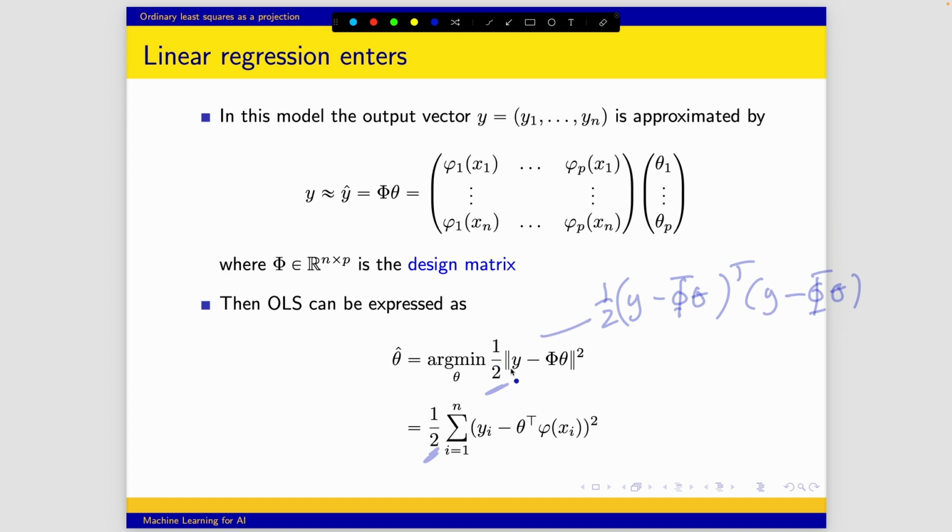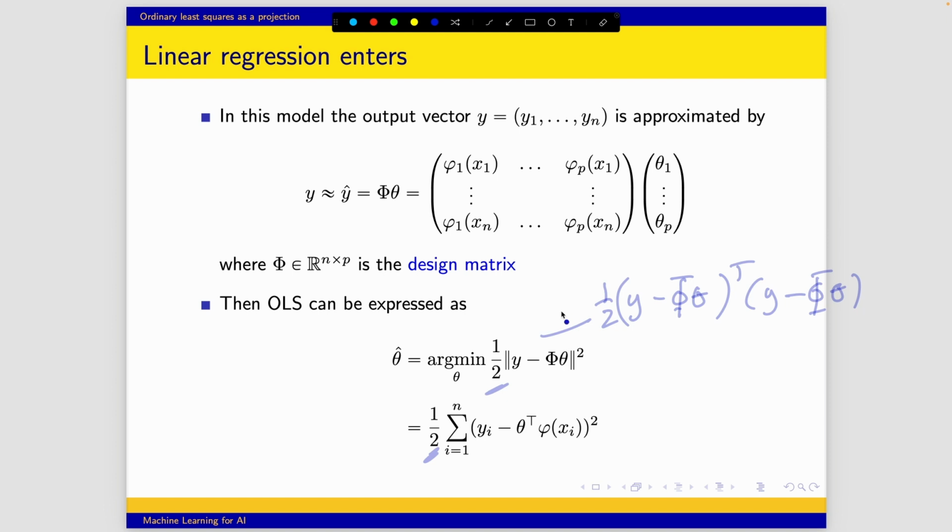We don't have to, because the total square error is this, so we've got half the total square error. But minimizing the square error is exactly the same thing as minimizing half the square error. We're minimizing over theta, the value of theta that gives us the minimum square error, which is exactly the same as the value of theta that gives us the minimum of half the total square error.